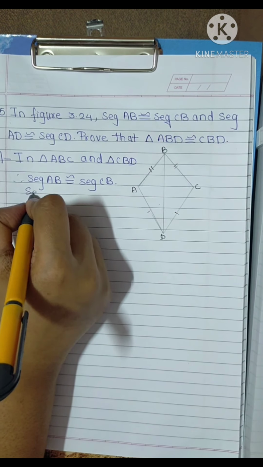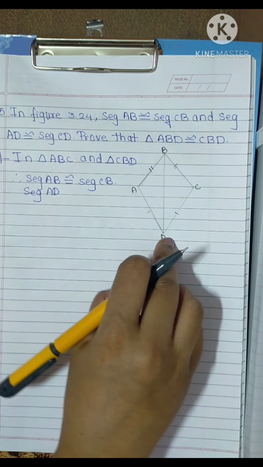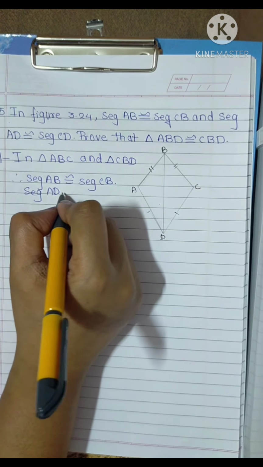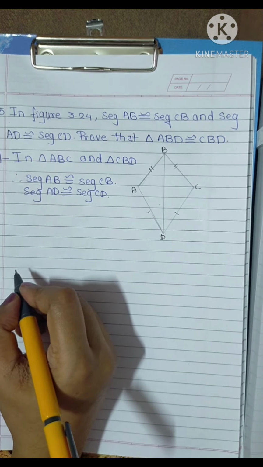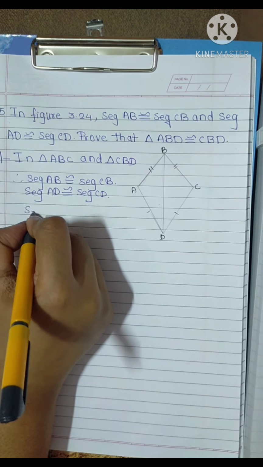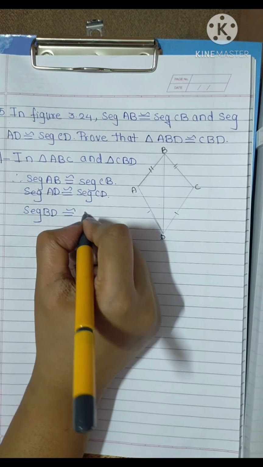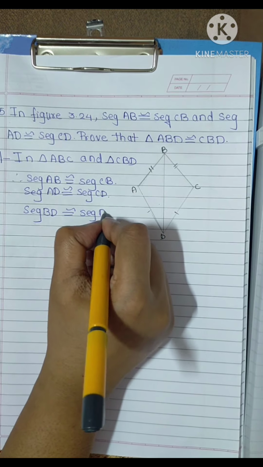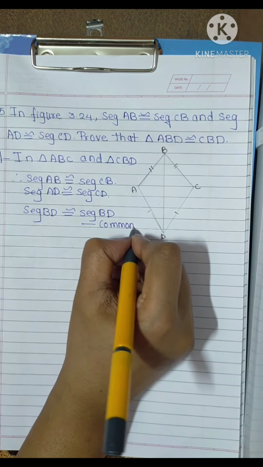Now again the segment AD is also congruent to CD. Now again segment BD is congruent to segment BD because of the common side.